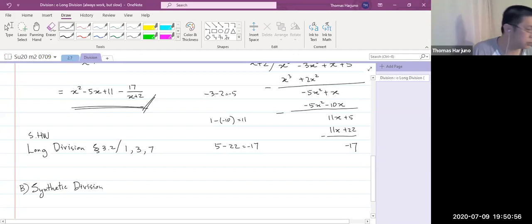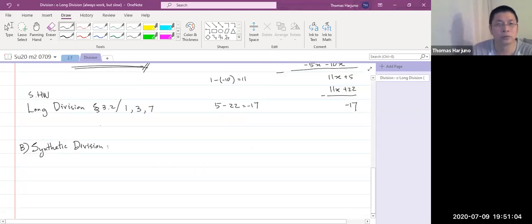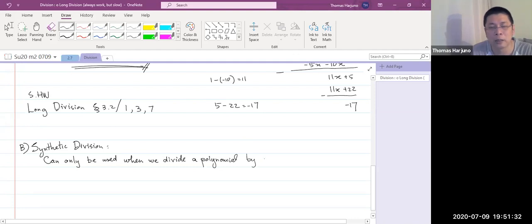The synthetic division. Now, synthetic division can only be used when we divide a polynomial by a binomial x minus c.